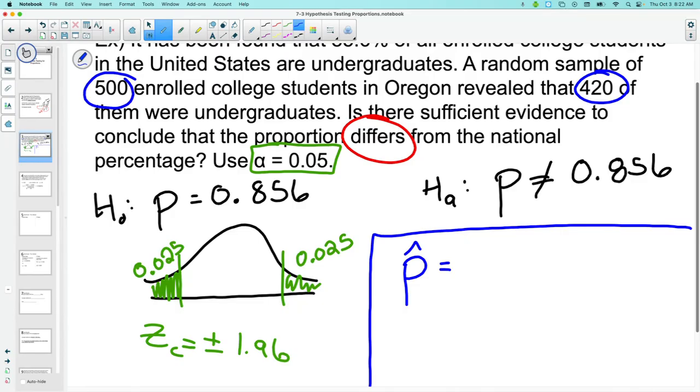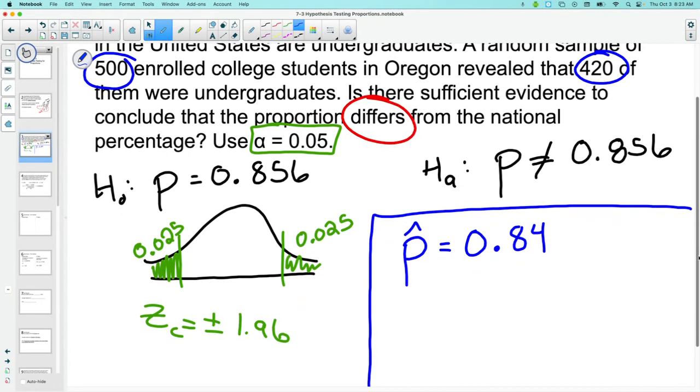So we could divide that out and say, what's that as a percentage? Because it's out of 500, I should just be able to double it and be out of 1,000. So I think that's 84% of the enrolled kids are in undergrad, or at least the ones that we asked.